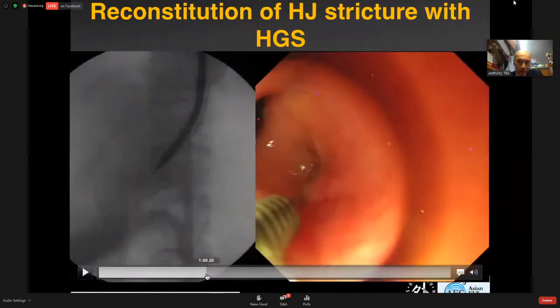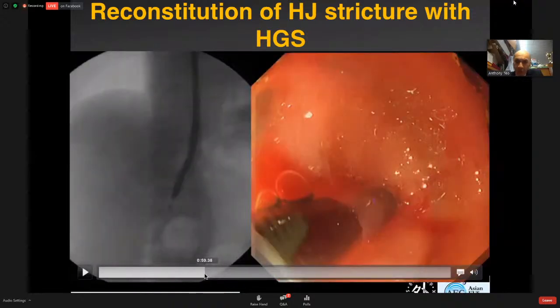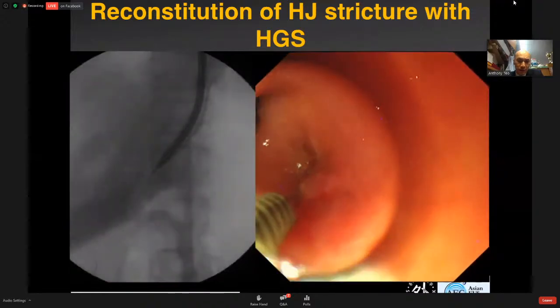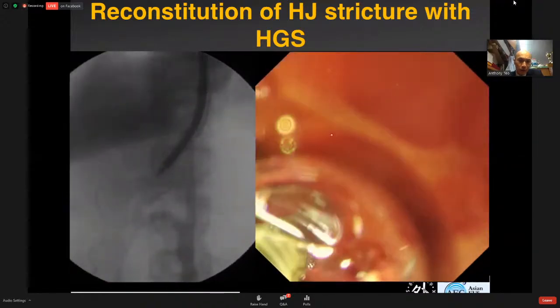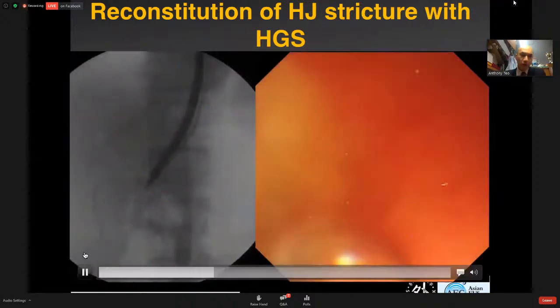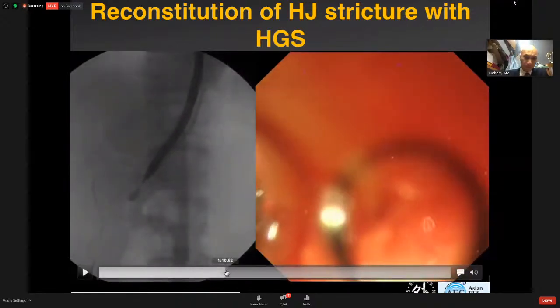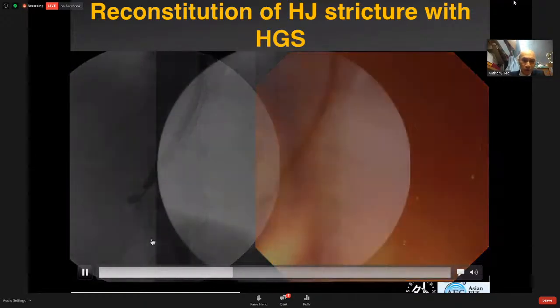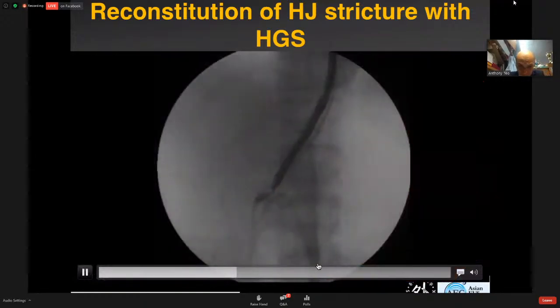So I had to use a needle, because I can see from the air cholangiogram that the jejunum is very closed. I tried to puncture the anastomosis and get into the jejunum, and eventually I was able to see contrast in the jejunum right there.